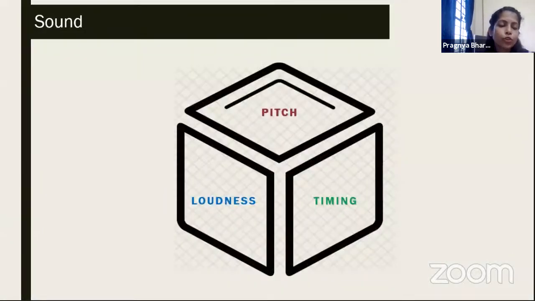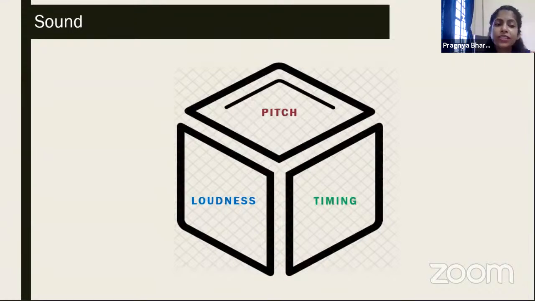Now, before we start talking about signal processing, let's go back to the basics and remind ourselves that when we talk about any sound, be it a simple sound like a pure tone or a complex speech sound, the three main characteristics that define it are its pitch characteristics, its loudness or intensity characteristics, and the timing or durational characteristics, right?